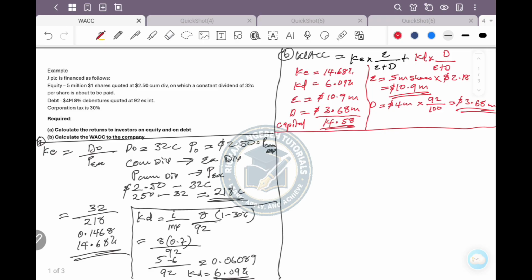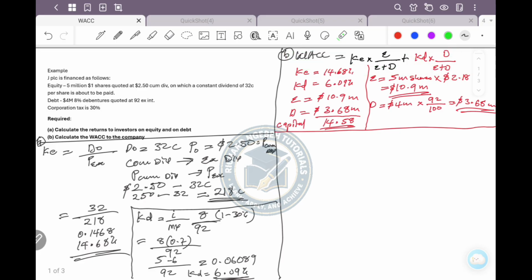So having got that, all you need to calculate now is to use these figures you have here in this box. Use these figures, then you insert them into this formula. Remember, it's just to insert them into this formula.